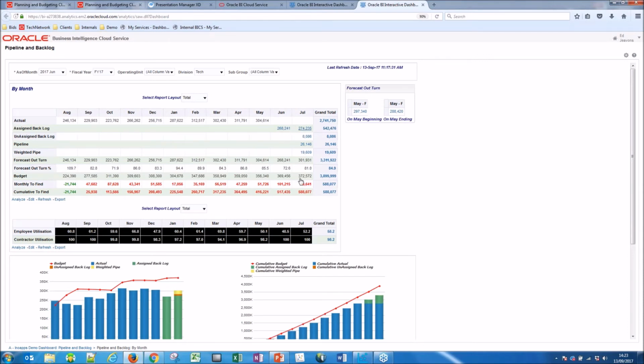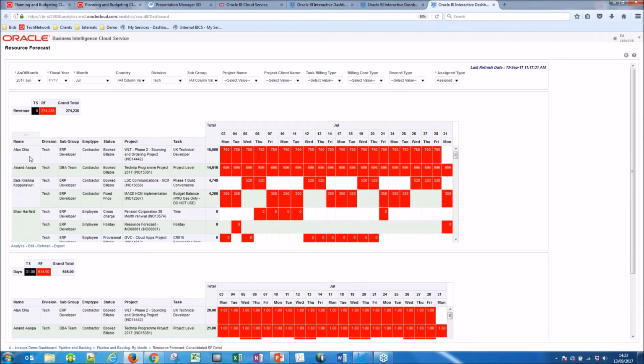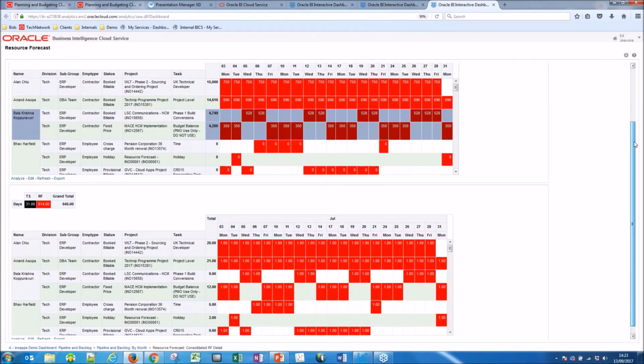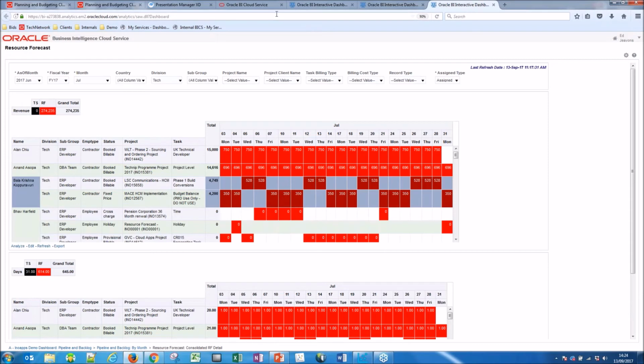And I could go into that assigned backlog and I could see for July, who did we have assigned from our resource forecasting tool, and I can drill right down in there in the month of July. And then I would be able to see on this view here, for each of my given projects there, I can see each of the different people's names. I can see what it was they were working on, what rate were we working at, what were they doing on different days, etc., etc. So it's quite a detailed jump.